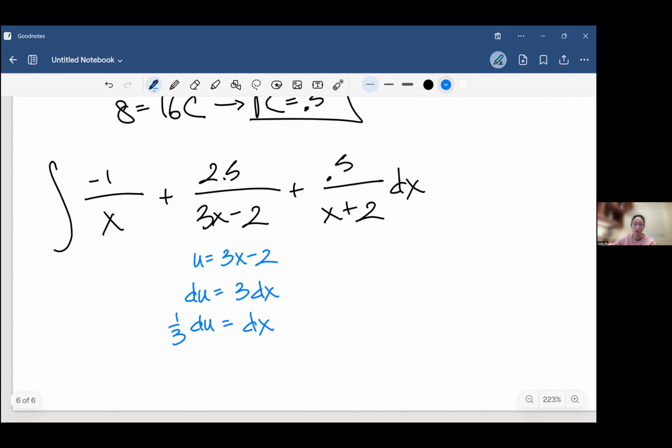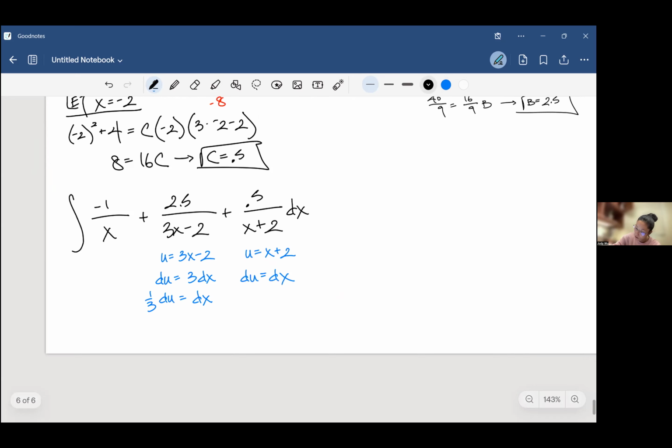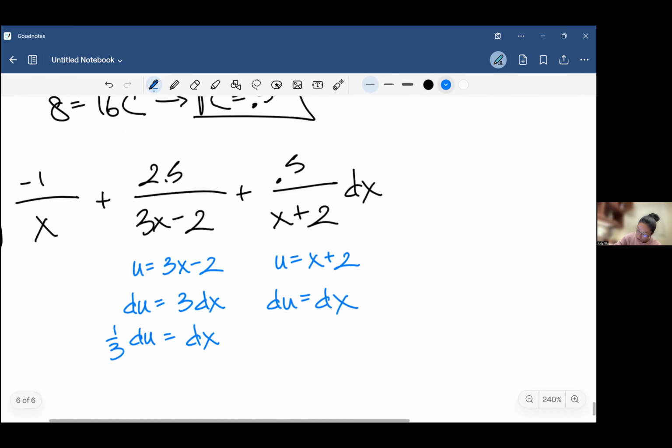Got to show that work. No magical answers, okay? Same thing for this third fraction, you got to use u substitution. Our u is going to be x plus 2. Our du is dx, right? And now, let's see, actually, we did like a u1 before, right? And this will be u2.